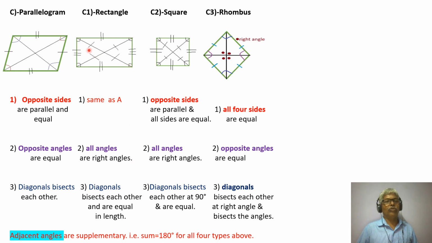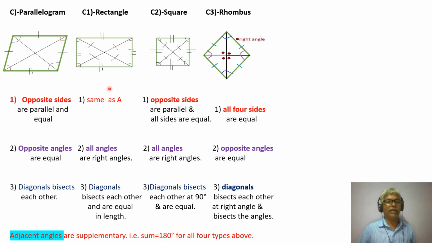They are not only equal, but in fact all the angles are right angles. That is additional. And what about diagonals? Diagonals bisect each other, but in this case both the diagonals are equal in length. The length of this diagonal is equal to the length of this diagonal.